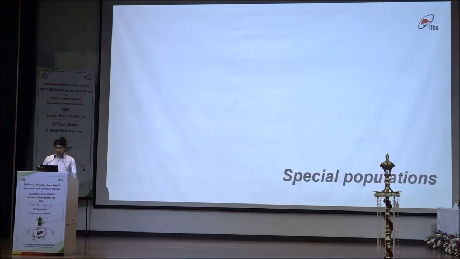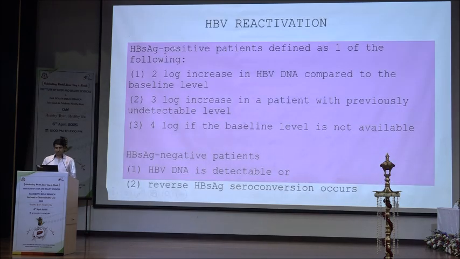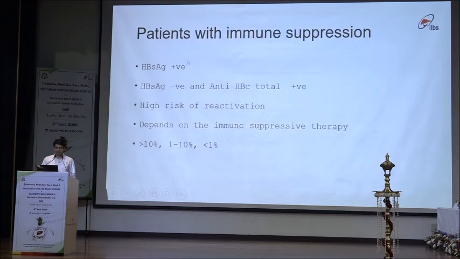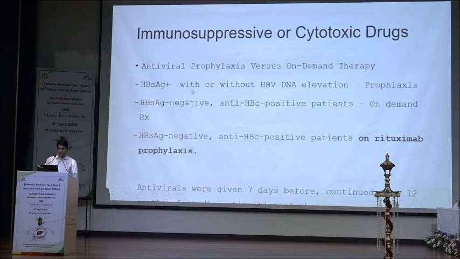And there are specific populations with high risk of hepatitis B virus reactivation, particularly patients who are on some sort of immune suppression, like patients on bone marrow transplantation, or patients who are going for some biologics. There is at least a 1 to 10% risk of hepatitis B virus relapse.